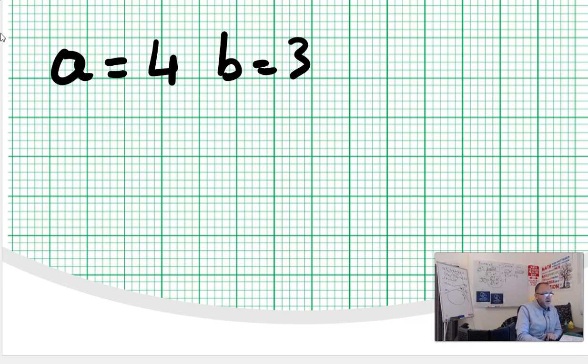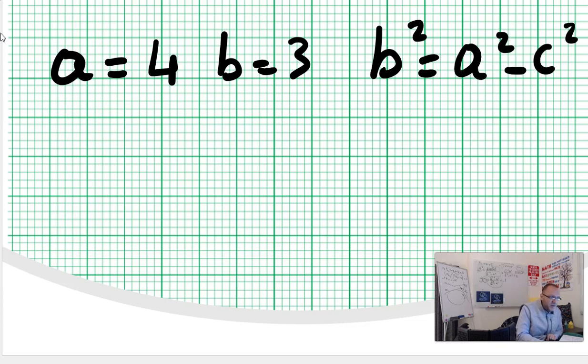So if I know my a and the b, I just go like this. This is one of the 4 that you need to memorize: b squared equals a squared minus c squared. So this means c squared is equal to a squared minus b squared, right?